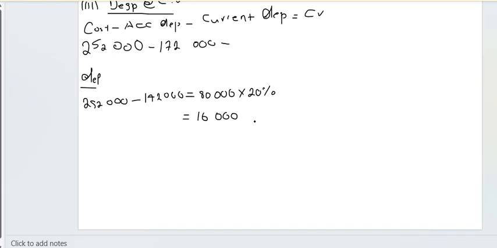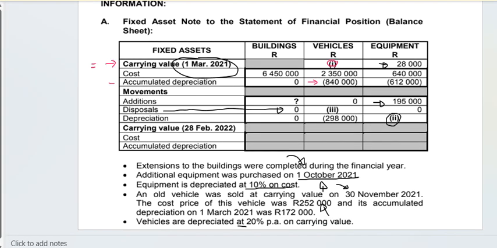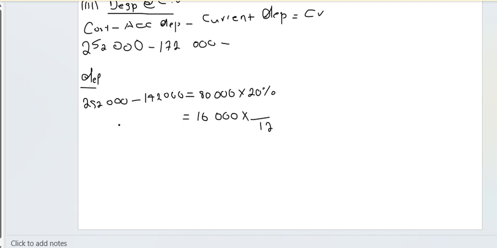I trust you. 16,000. Then 16,000 is just for 12 months, but this vehicle didn't stay up until February. It just stayed up until November. December, January, February are not in the accounting period. Only 9 months the vehicle was still in the premises of the company.